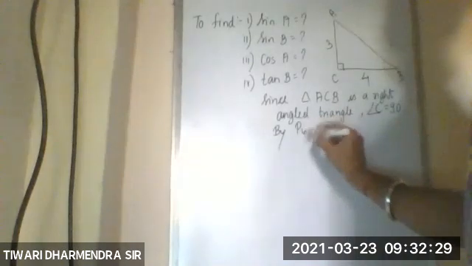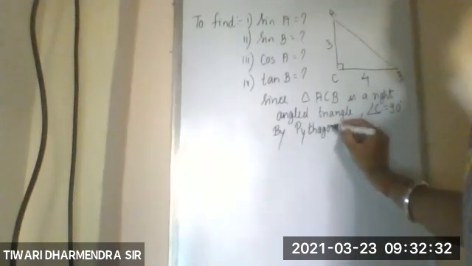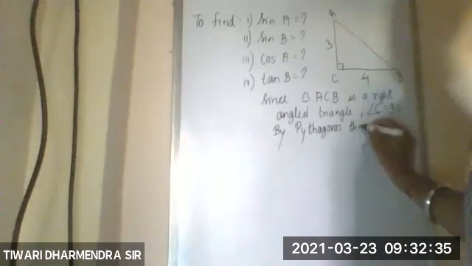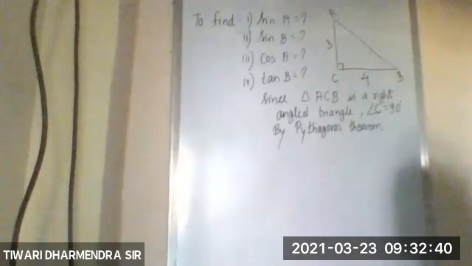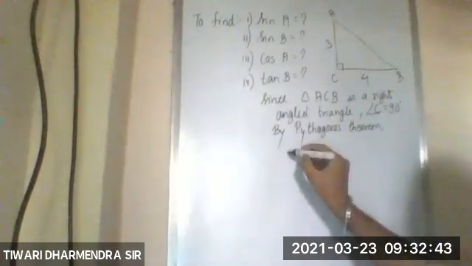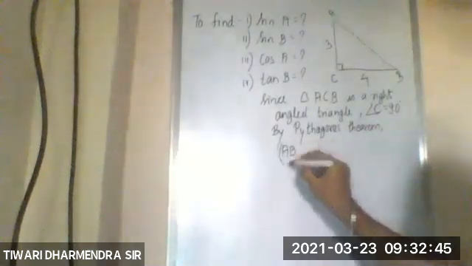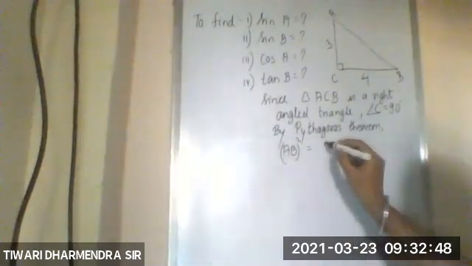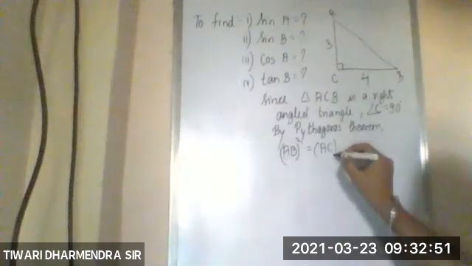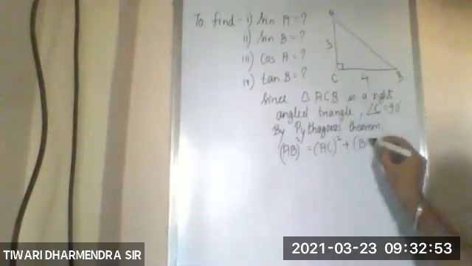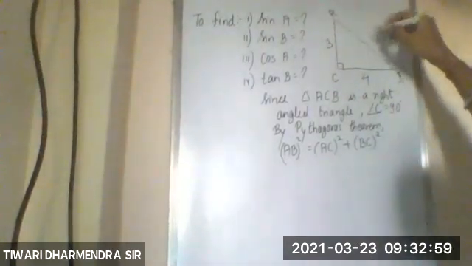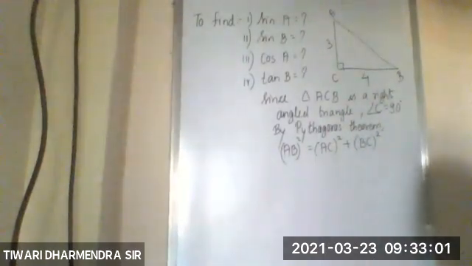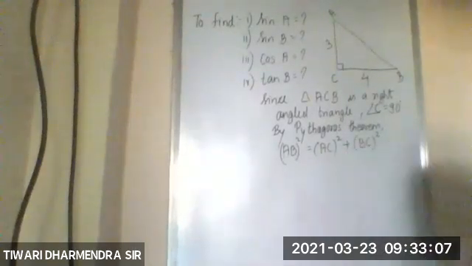By Pythagoras theorem, AB square is equal to AC square plus BC square, which means hypotenuse square is equal to the sum of squares of the other two sides, that is AC square plus BC square.